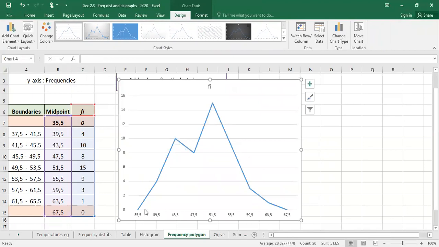It's now going down and actually touching our axis there and there. So we've anchored our graph, or pegged it to the axis. Notice I'm not making any other changes, like to the titles and the axes. I'm just showing you how to make the graphs themselves and the relevant adjustments.